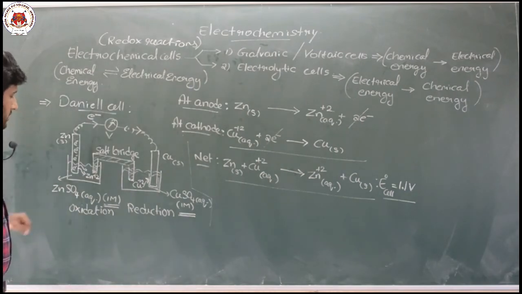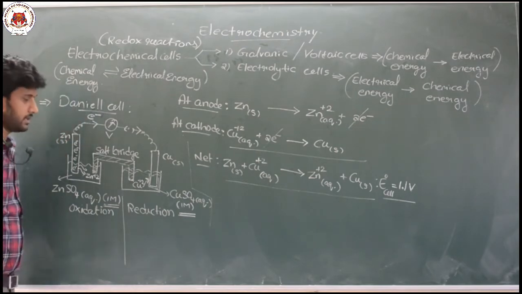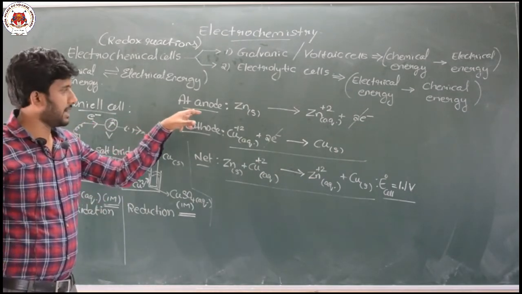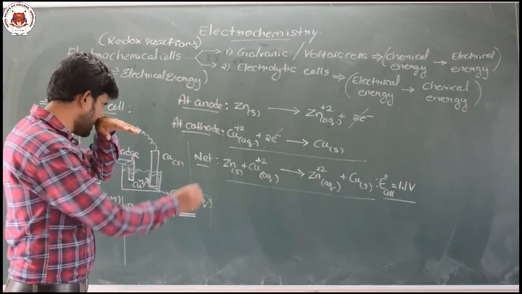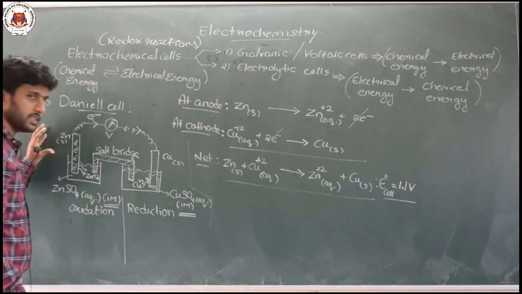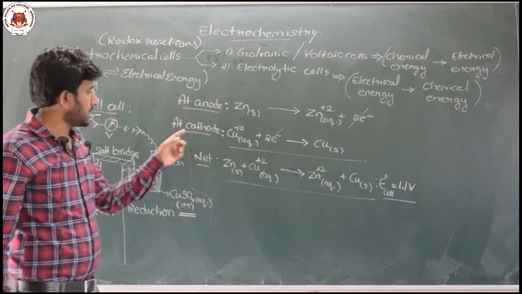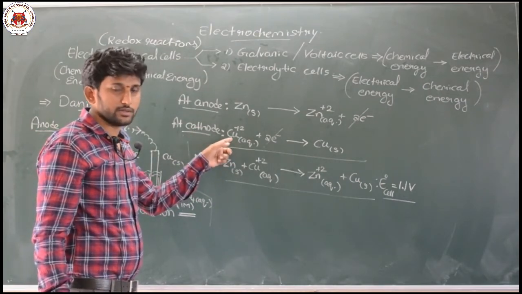One more thing, how this cell is working. At anode oxidation occurs, at cathode reduction occurs. Which is undergoing oxidation? Zinc. So zinc rod is anode. At cathode reduction takes place. Which ions are getting reduced? Copper ions.